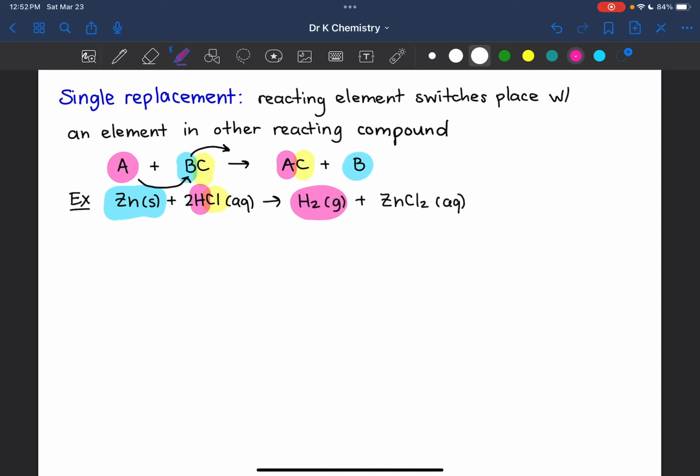Here it is expressed as H2 because hydrogen is diatomic in nature. It does not exist as just one hydrogen atom. It's going to form a molecule with another hydrogen atom because that is the more stable form. So hydrogen went off to be by itself. And the other product is zinc bonded to chloride. So it looks like zinc came in and displaced hydrogen. Hydrogen went off to be its own thing, and zinc formed a compound with chloride. So that is a single replacement reaction.